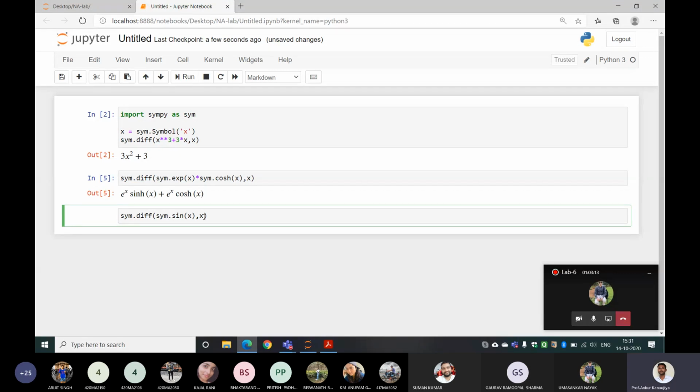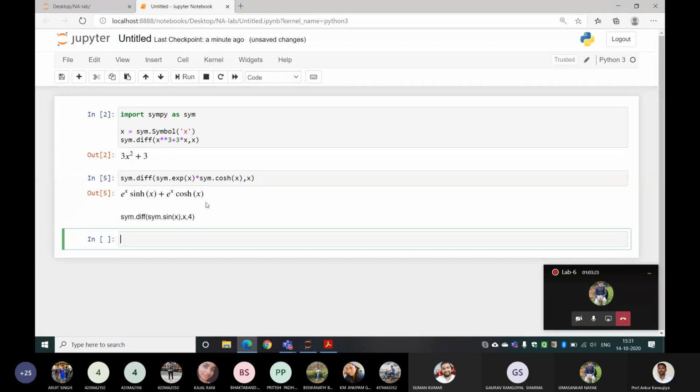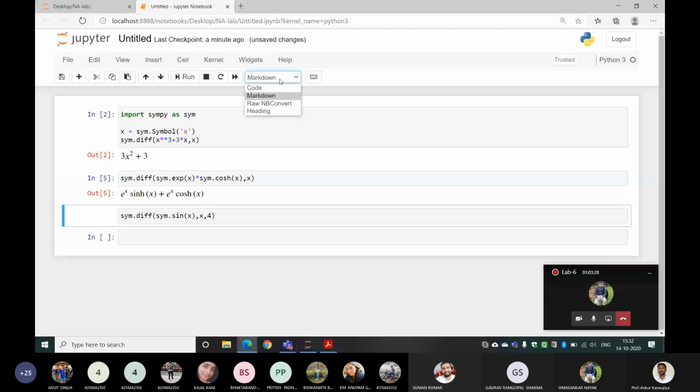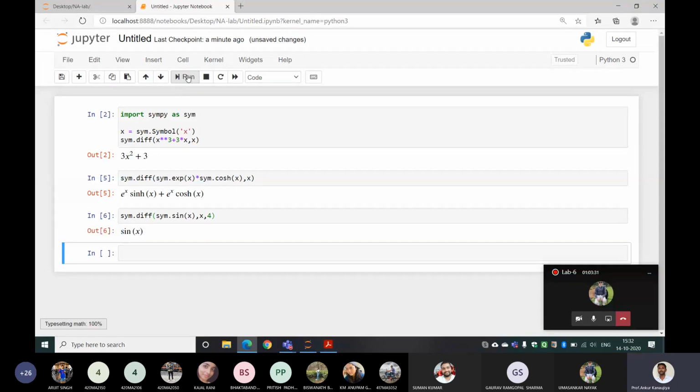How many times you want? 3, 4, 5? 4 times, okay, so I wrote comma 4. Run it. 4 times it is giving sin x. You can see 5 times, 6 times, even 3 times. It will give the differentiation; 3 times, sin x will be minus cos x. I hope everybody is getting this and no doubt.